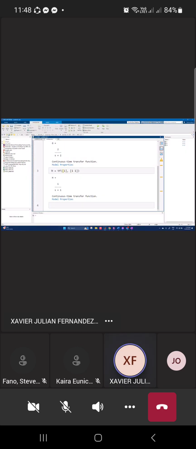So how do you get the closed loop transfer function? Our closed loop transfer function is 2s plus 2 all over s squared plus 3s plus 4.